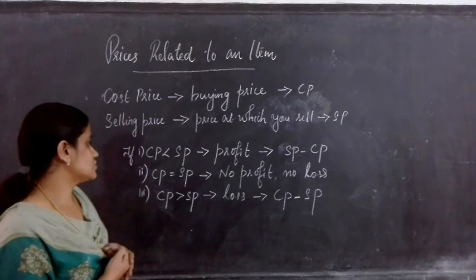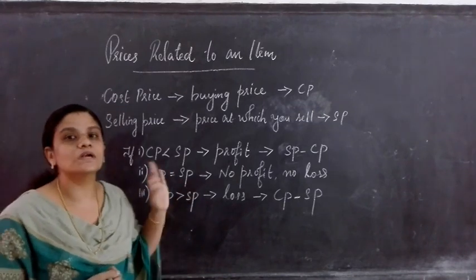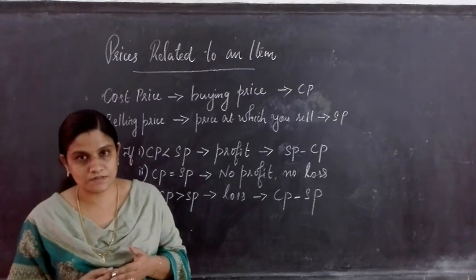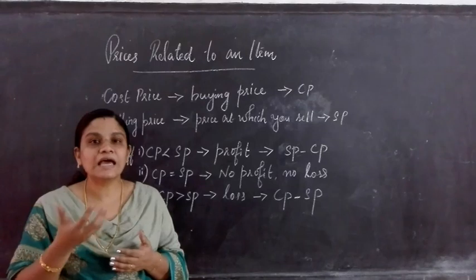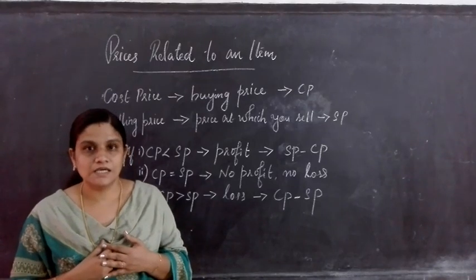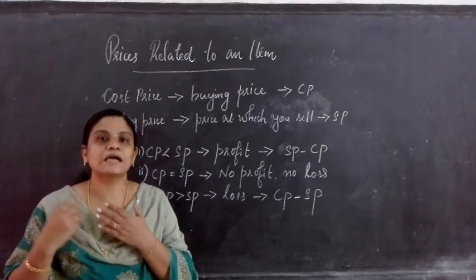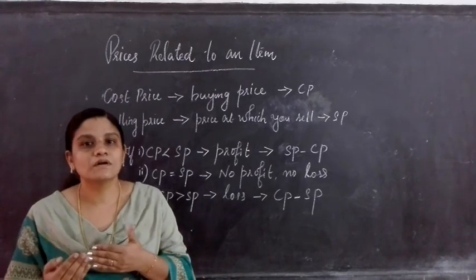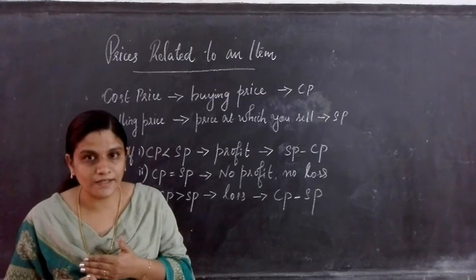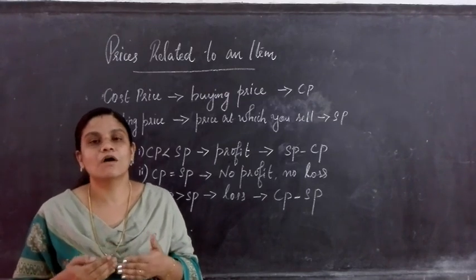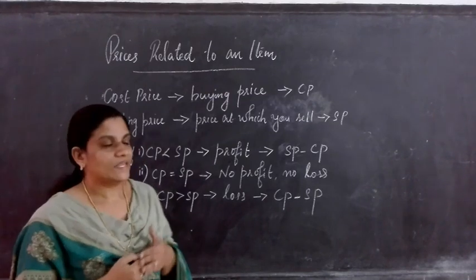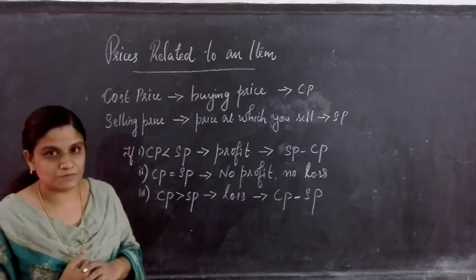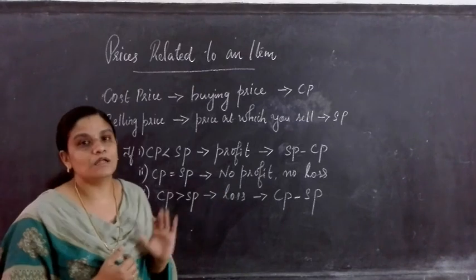The second condition is, if CP is equal to SP, there is no profit, no loss. Which means I am buying an item for rupees 20 and I am selling that same item for rupees 20. So there is no difference. As both are equal, there is no profit or loss. And the third condition, if CP is greater than SP, then it is loss.